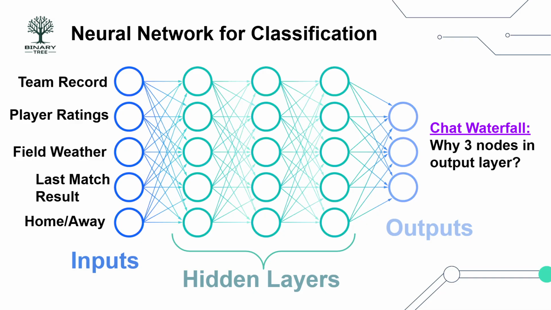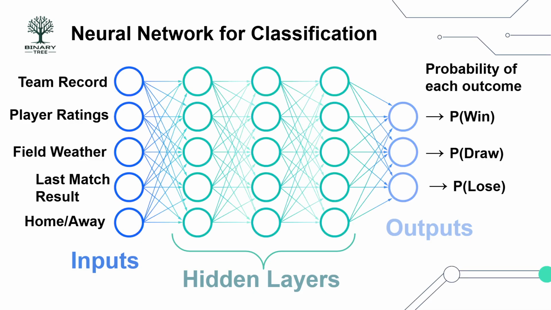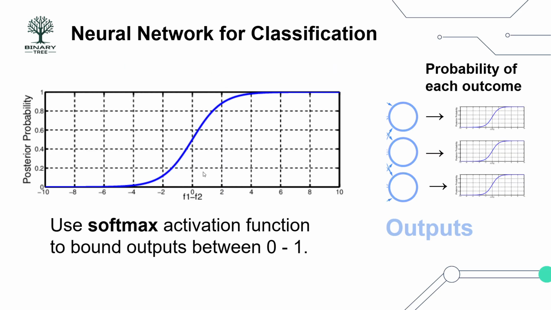Why are there 3 nodes rather than just one? Well, that's because the outputs are winning, losing, and drawing. We take in all of these input values, which are team record, player ratings, field weather, match result, home or away, all those kinds of inputs, and from there we look at the probability of each outcome: winning, drawing, losing. We can use softmax, an activation function, to bound the outputs between 0 and 1.